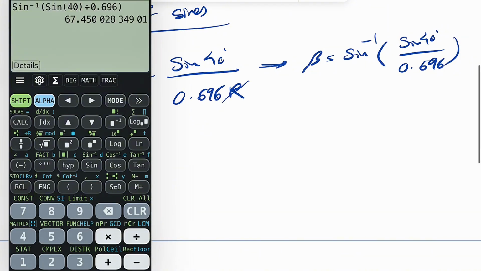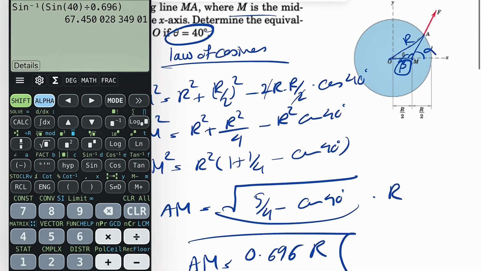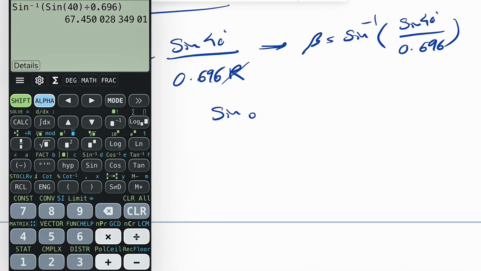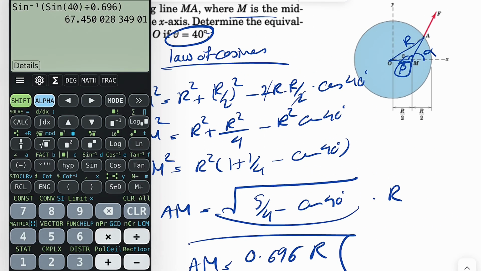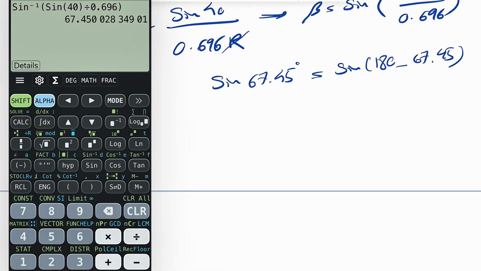First of all, our beta has to be an angle more than 90 degrees. We know sine of 67.45 degrees is equal to sine of 180 minus this. But since we can see that this angle is more than 90 degrees, we're going to go with the angle between 90 and 180 degrees.